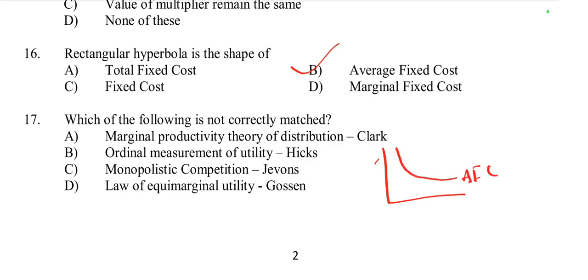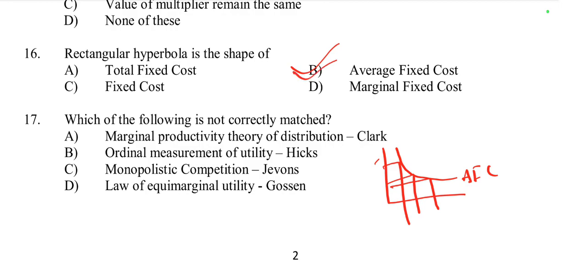A rectangular hyperbola means just downward sloping. It shows the relationship between average fixed cost and output. So as output increases, average fixed cost decreases, while the total fixed cost remains constant. So option B is right here.